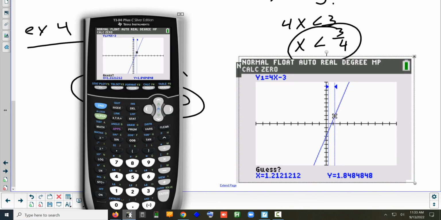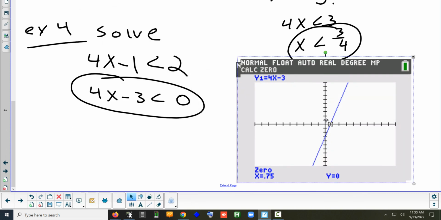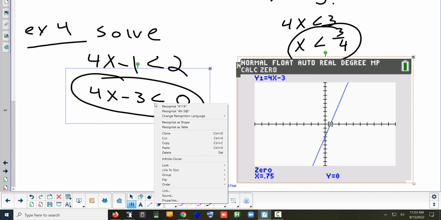Now just hit enter, and it tells you that the root is 0.75. So 0.75 is the boundary between positives and negatives. If you plug in values bigger than 0.75, you'll get a result greater than 0. If you plug in less than 0.75, you'll get a result less than 0.